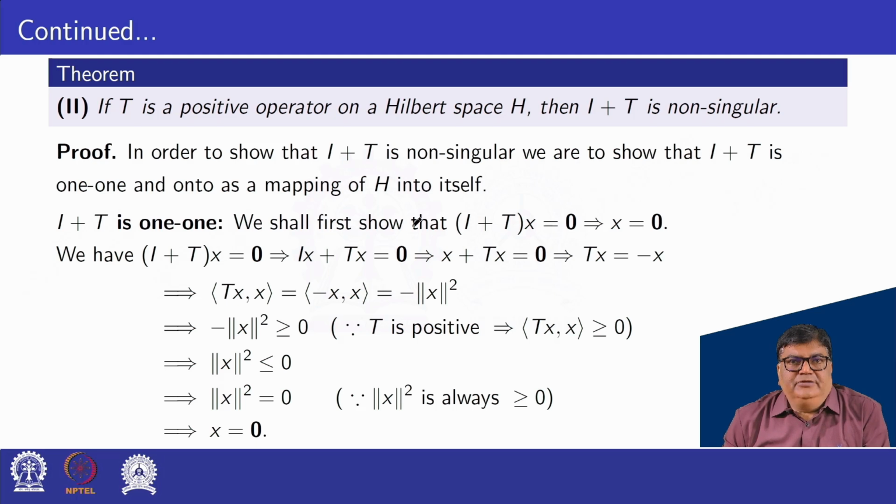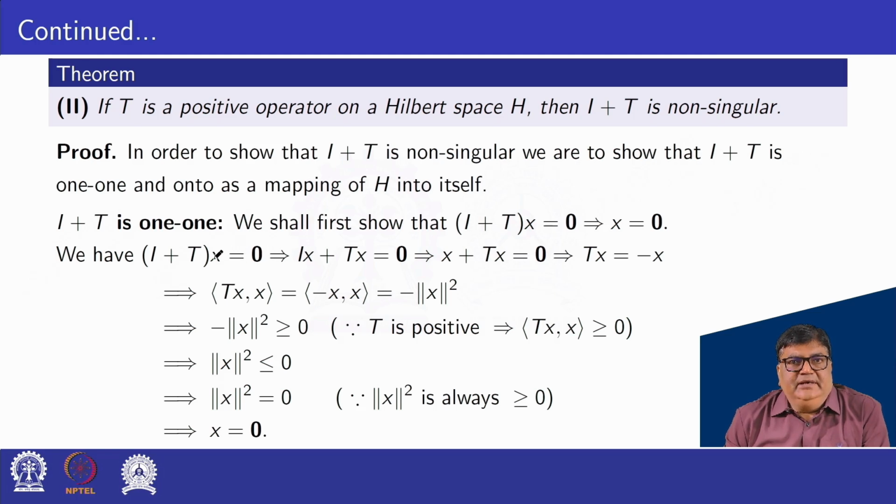We shall first show that (I plus T)x equal to 0 implies that x is equal to 0. So, let us prove it. We have (I plus T)x equal to the 0 vector.